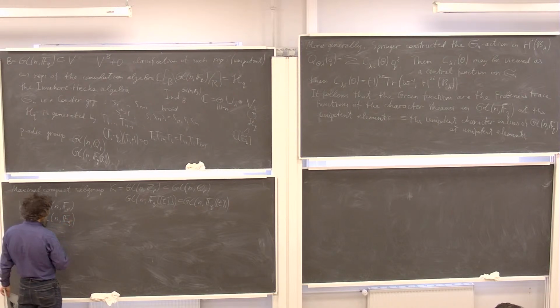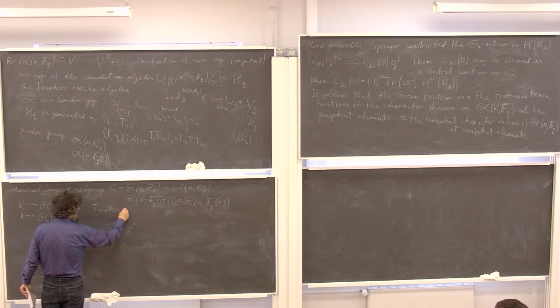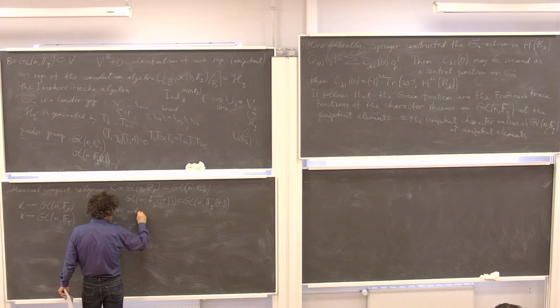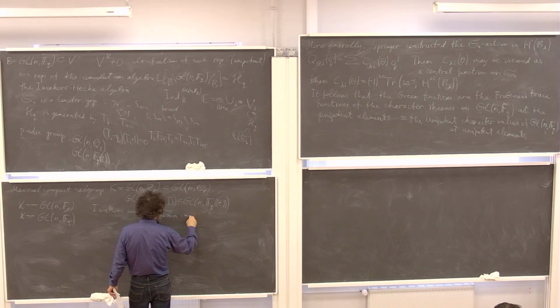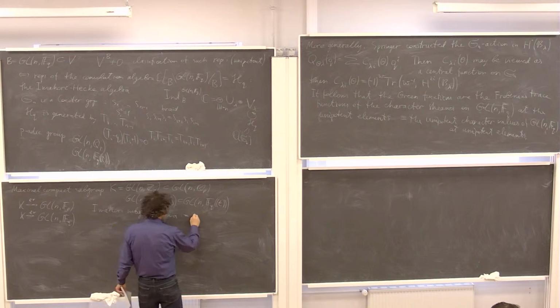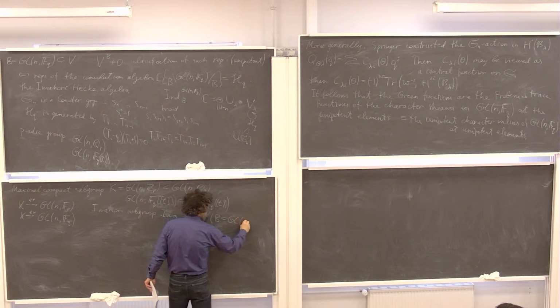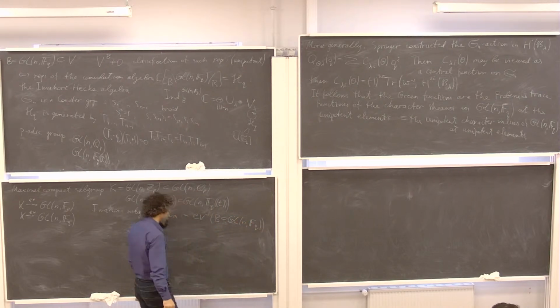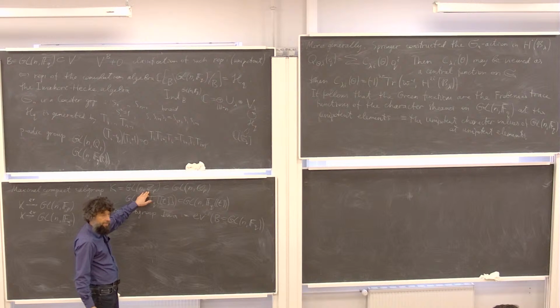Just evaluation at 0. And the Iwahori subgroup, let's call it evaluation, is the inverse image of the Borel subgroup in GL n of F q. So these are matrices with integral coefficients such that they are divisible by p below the diagonal.